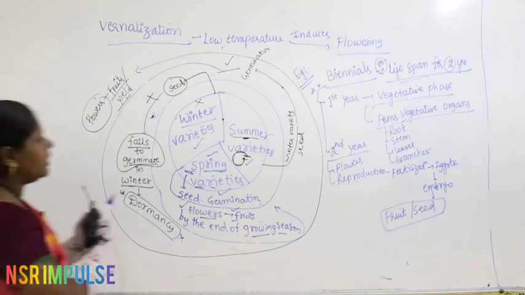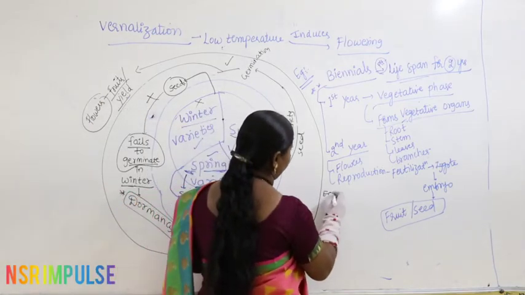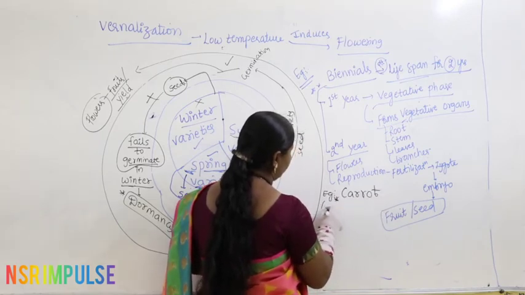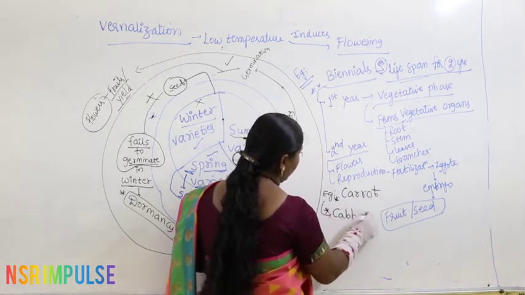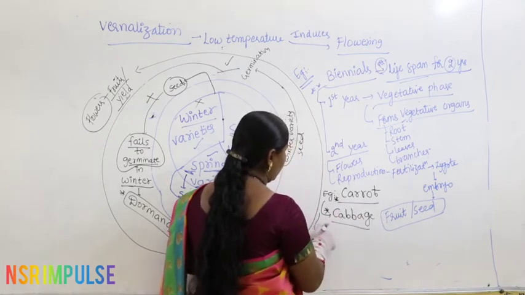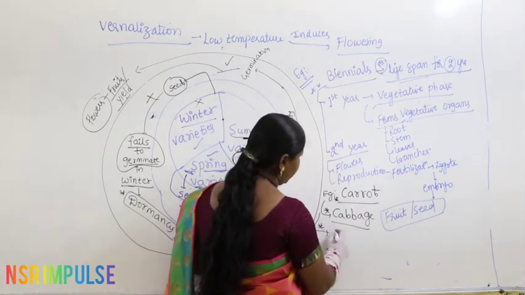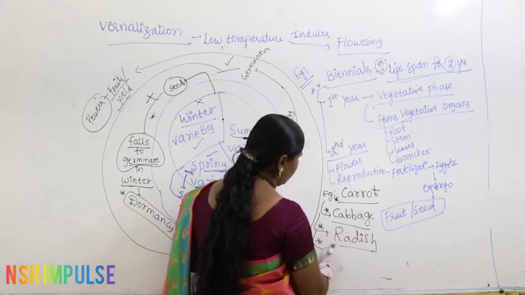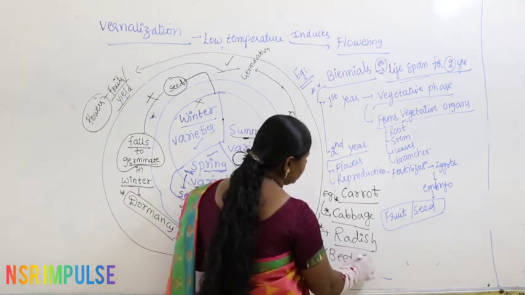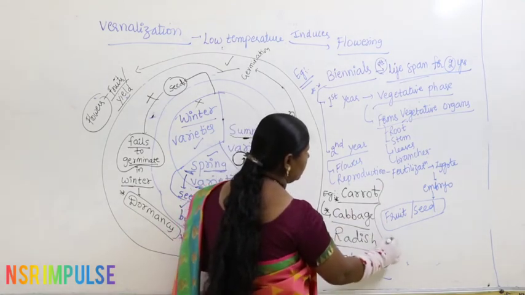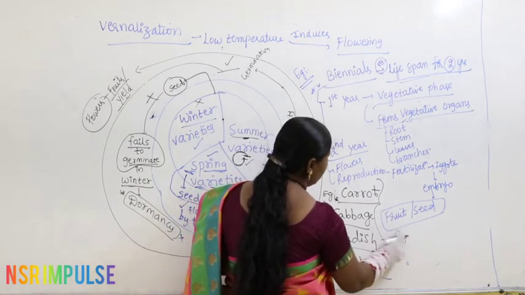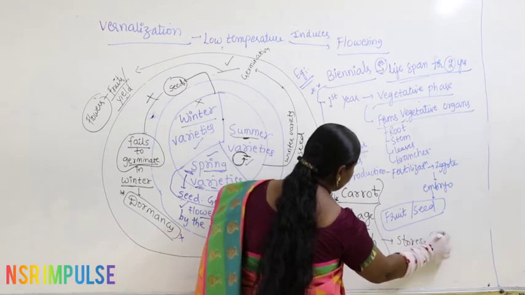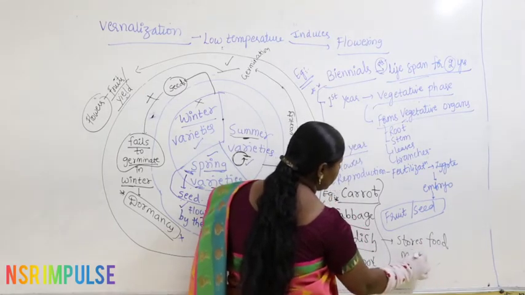You can take some examples like carrot, cabbage, and also radish, beetroot. In this case, what happens? In the second year, food storage takes place; they store food materials.